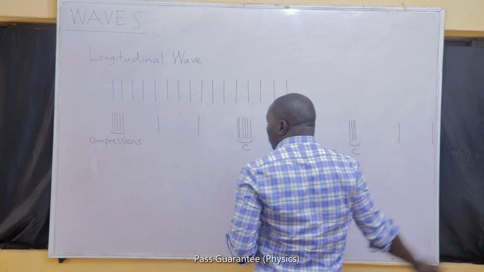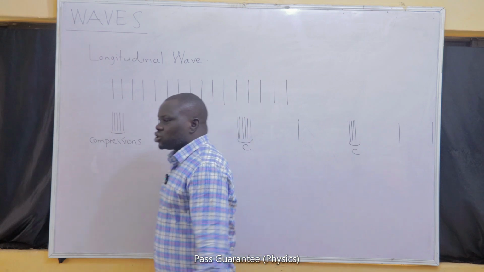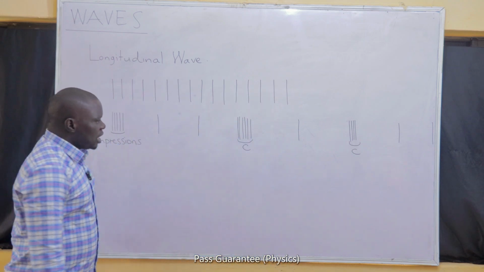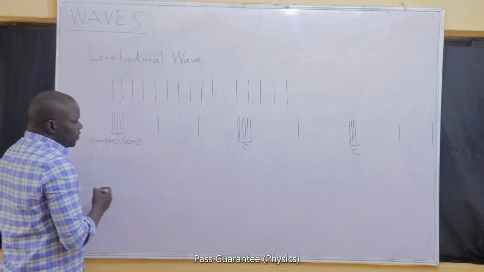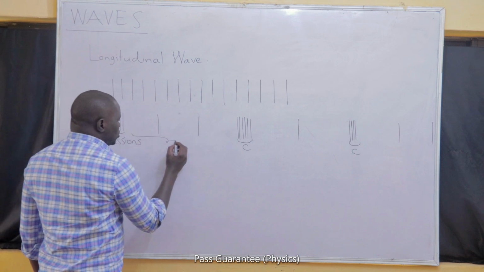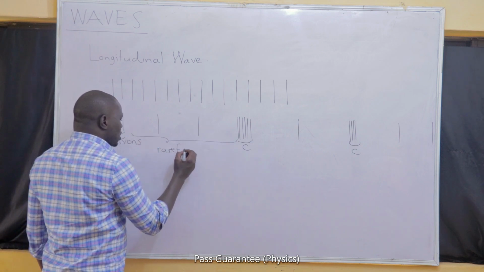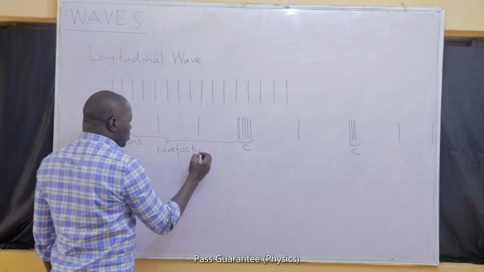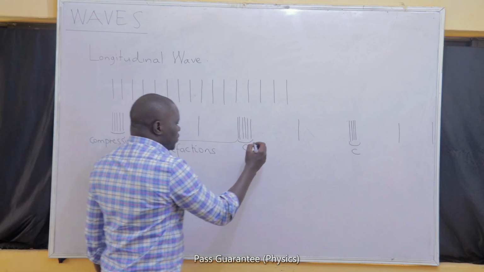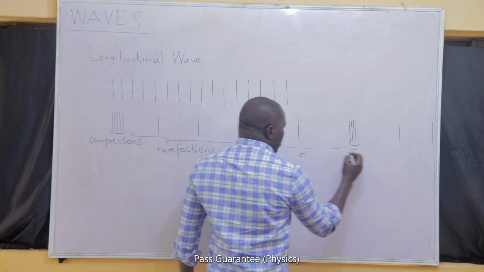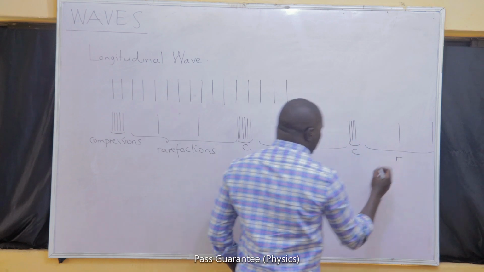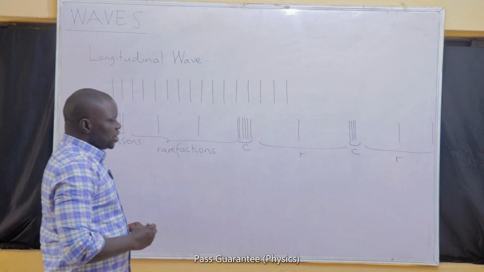And we can keep having more depending on the distance through which your wave is traveling. Then we have the spaced out regions. Spaced out regions are called the rarefactions. So those are the spaced out regions.